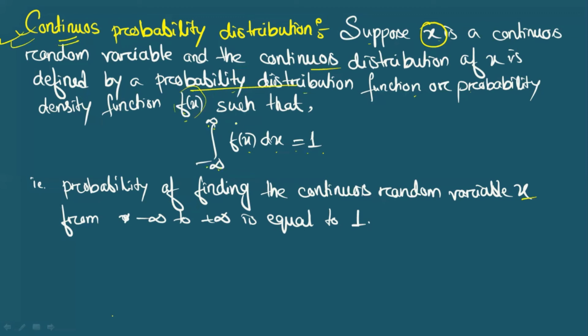This function f(x) is the probability distribution function for the continuous variable x. And when you integrate it from minus infinity to plus infinity, that is the probability of finding the continuous variable from minus infinity to plus infinity, and it is equal to 1.